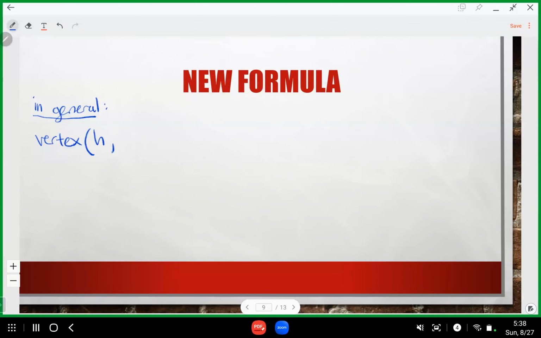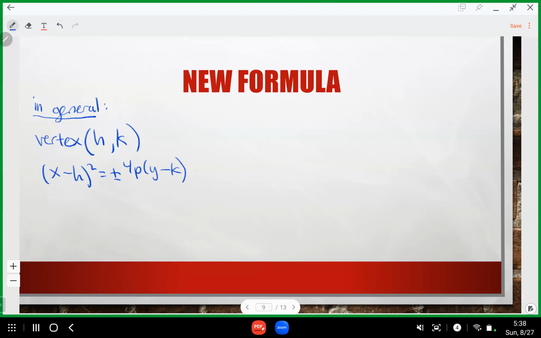So in this case, we set the vertex equal to (h, k); it's no longer (0, 0). And it's actually pretty easy if you think about it. We just modify it just like the circle. If we have vertex (h, k), it's going to be (x minus h) squared is equal to plus or minus 4p times (y minus k).